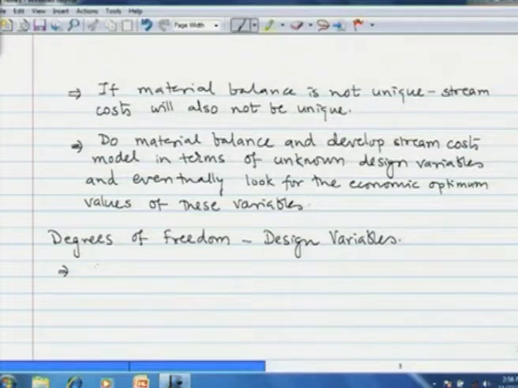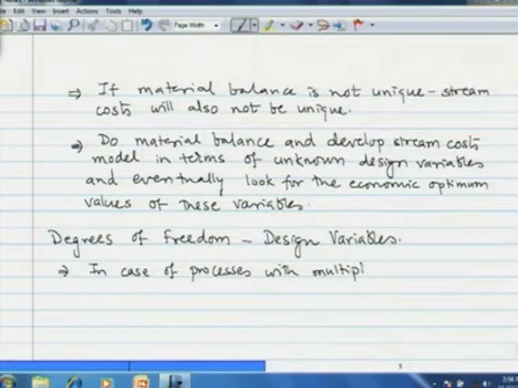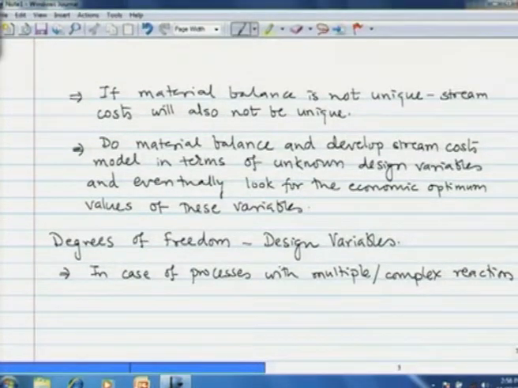In case of complex reactions or processes that involve multiple reactions, there will always be a correlation of distribution of the products in terms of the process variables.